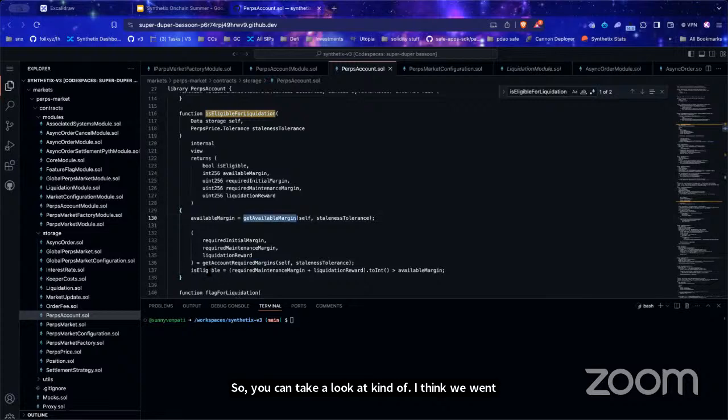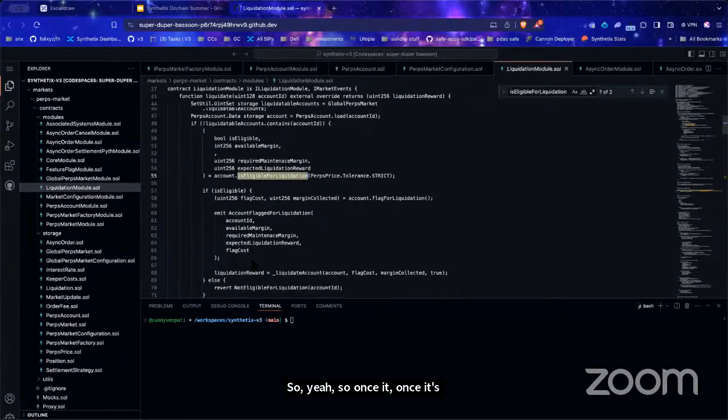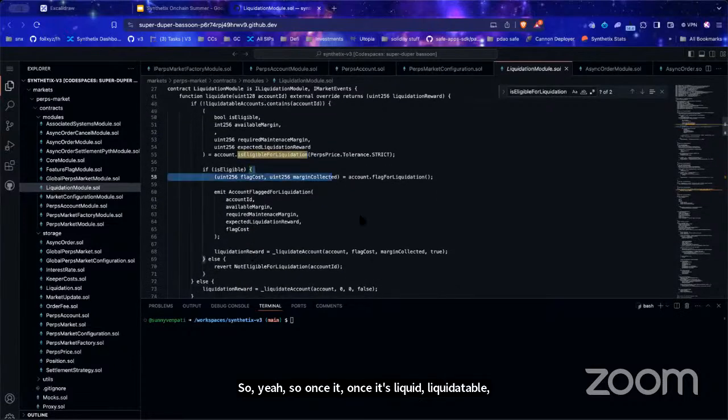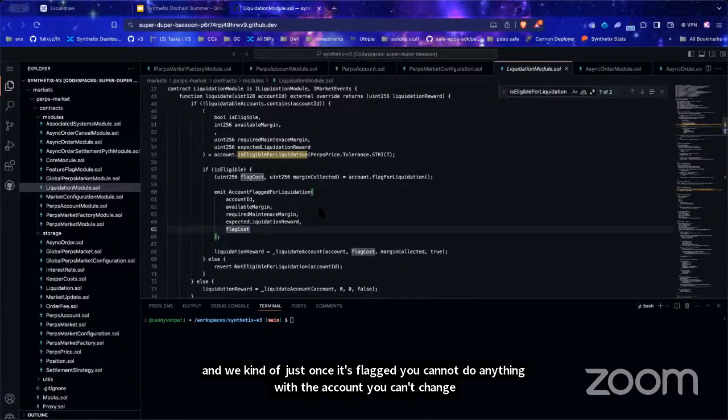So once it's liquidatable, we flag the account, and once it's flagged, you cannot do anything with the account. You can't change your position sizes or anything like that.